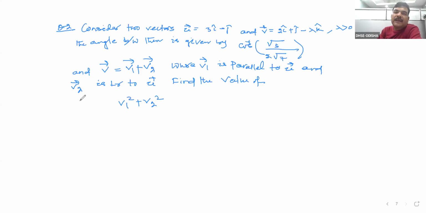The angle between two vectors A and B is given by A dot B upon A mod B mod.